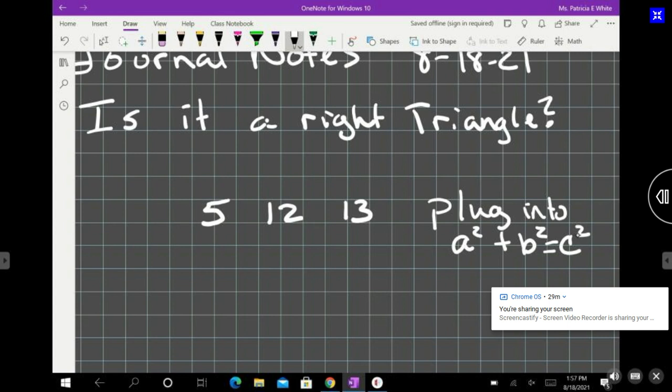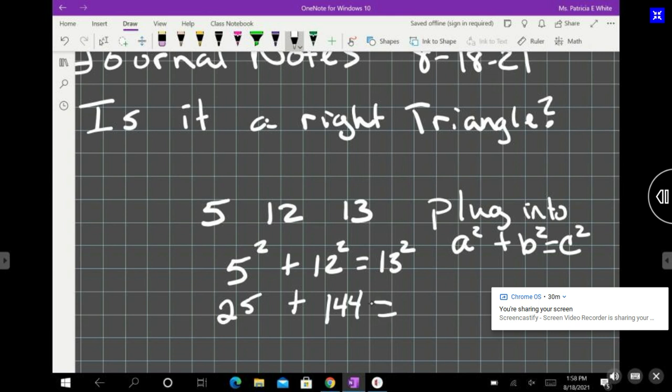So I have to do 5 squared plus 12 squared equals 13 squared. What's 5 squared? Plus, what's 12 squared? 144. And what's 13 squared? 169.